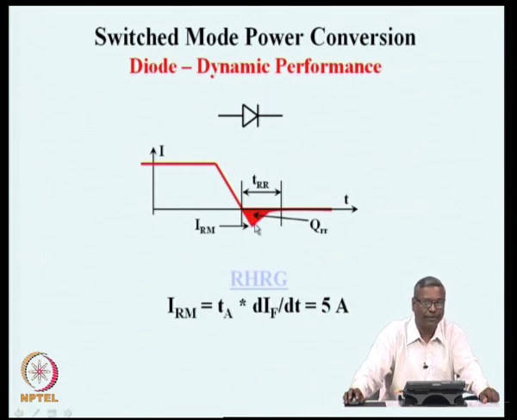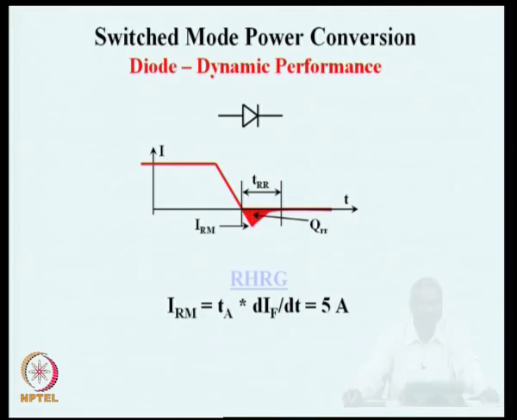So, we will stop here now with this session, where we have seen about the ideal and real characteristics of the switches, diodes and SCRs, and some of the dynamic and steady state performances. In the next session, we will continue with the same topic and go on into controlled switches, 4 quadrant switches, and so on. So, that will be in the next session.